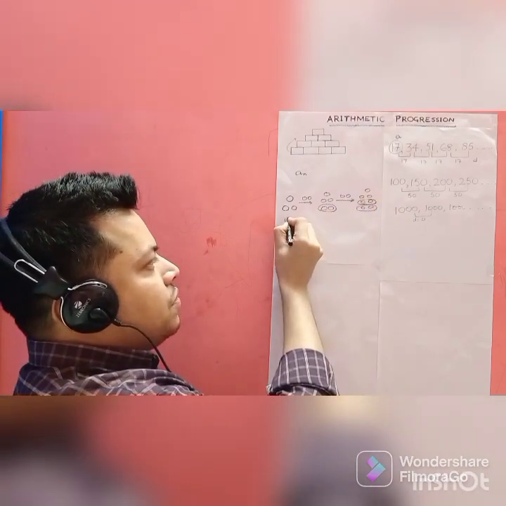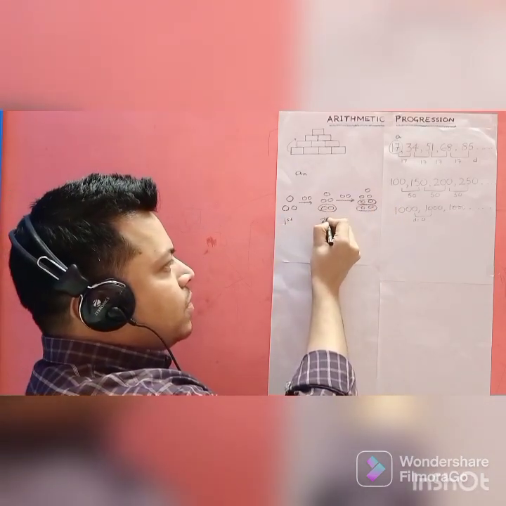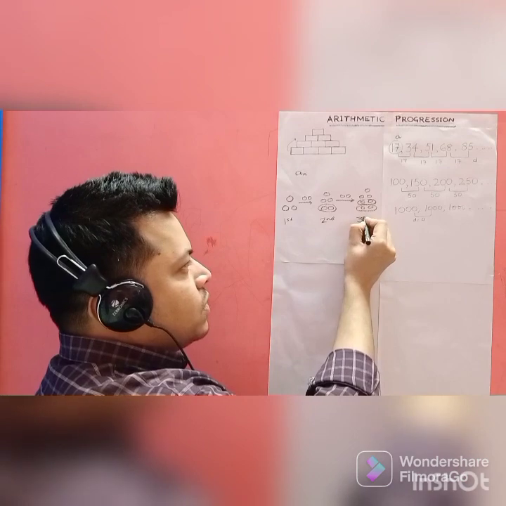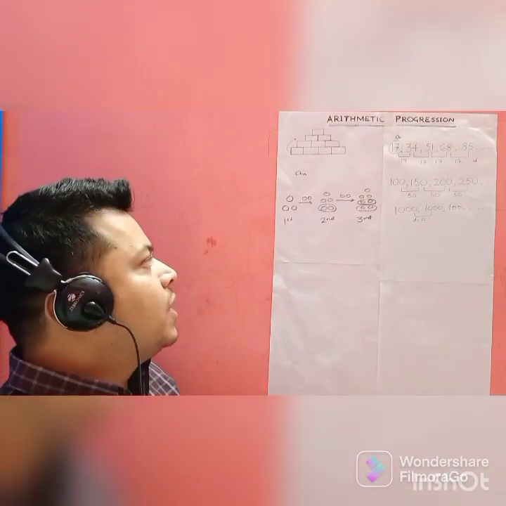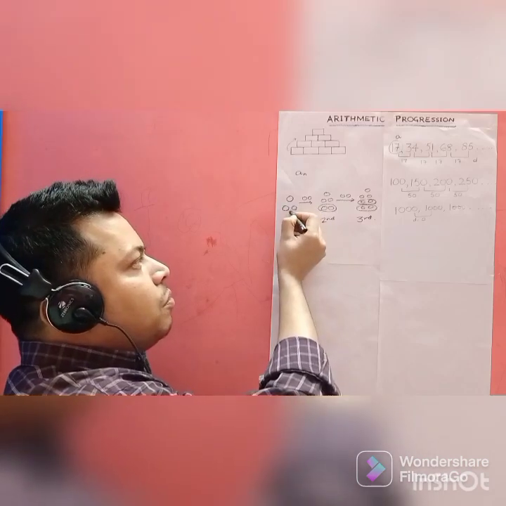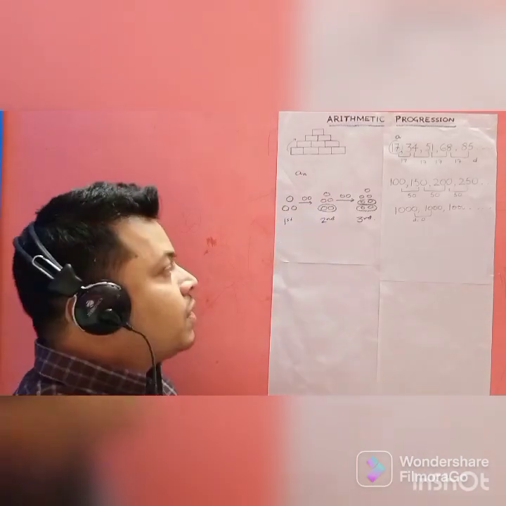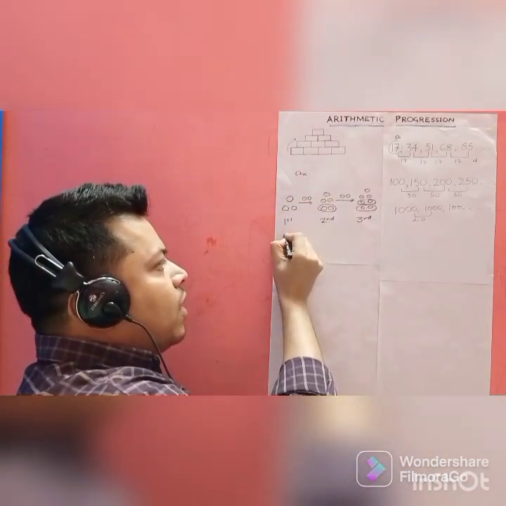Now see, this is the first term, this is the second term, and this is the third term. If we look at this diagram, initially the number of balls was 3, and this is our first term.